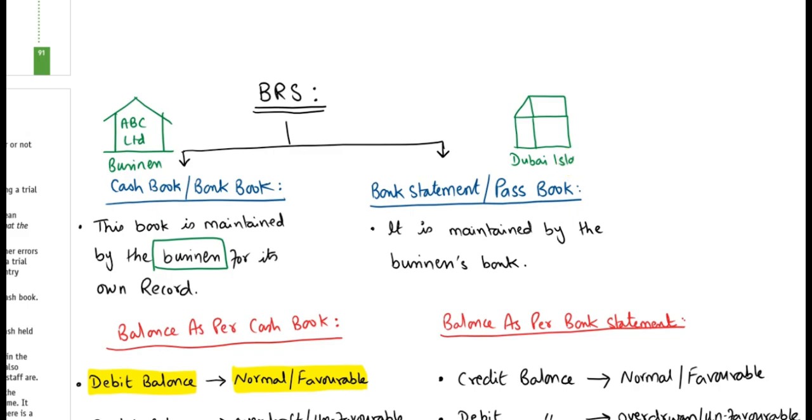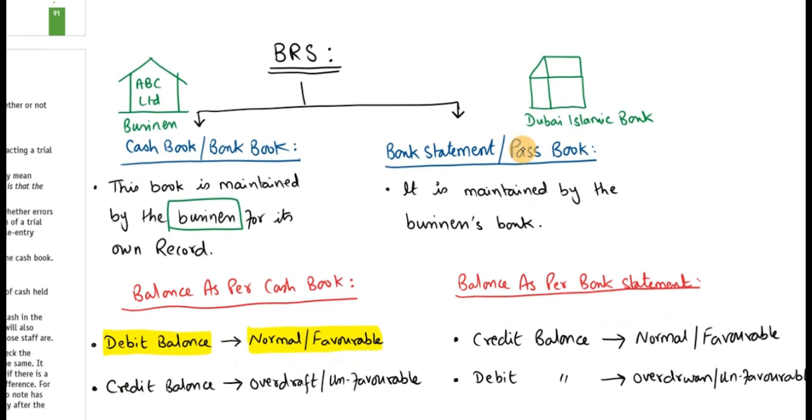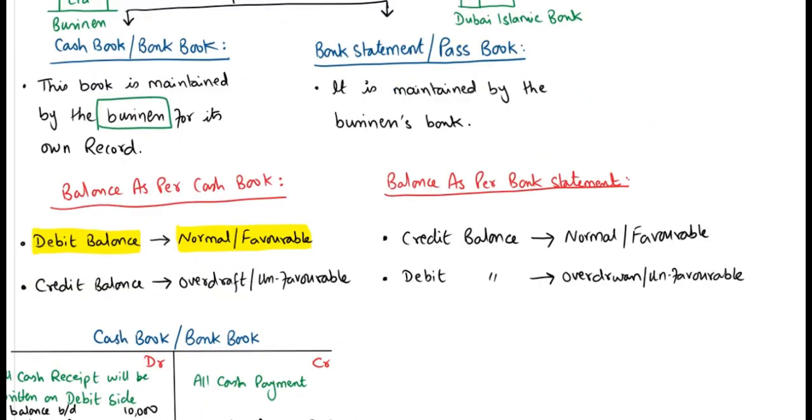Dubai Islamic Bank. Okay, for example, a business has a bank account in the Dubai Islamic Bank. So Dubai Islamic Bank is maintaining the bank statement, is preparing the passbook.